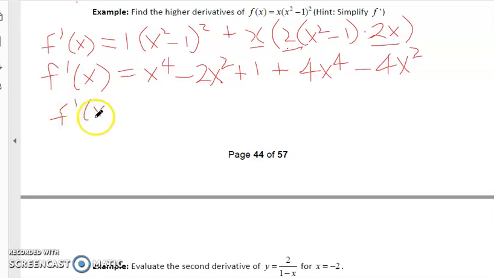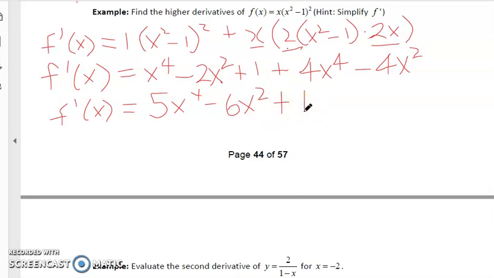So what will this become? Well, let me see. I've got x to the 4 plus 4x to the 4. Well, I'm pretty sure that's 5x to the power of 4. And then I have minus 2x squared minus 4x squared. I'm thinking minus 6x squared. And then I got plus 1 as well.